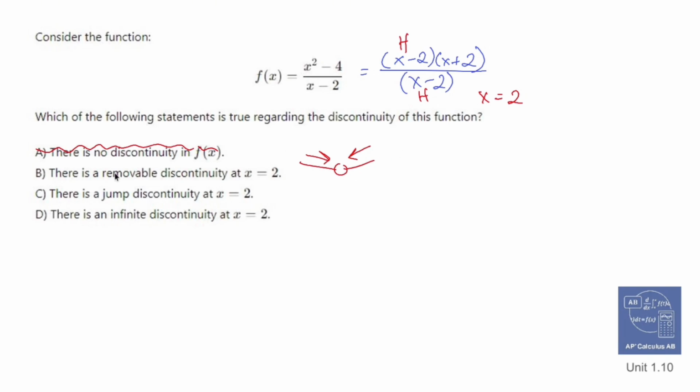So a hole represents removable discontinuity. So B is going to be my answer. So no, not jump discontinuity, no, not infinite discontinuity, whatever that means. Maybe that's a vertical asymptote. In this case, since it's a hole, we have what's called removable discontinuity because the limit does exist.